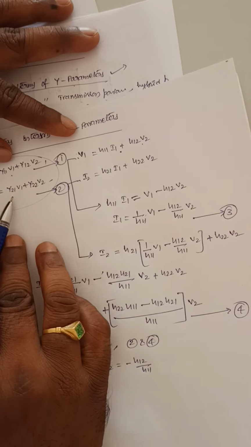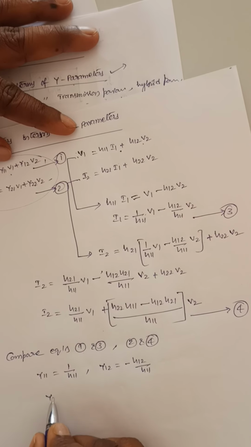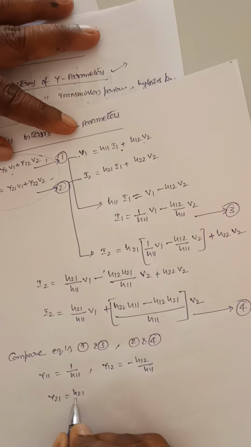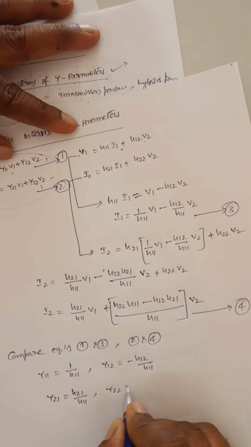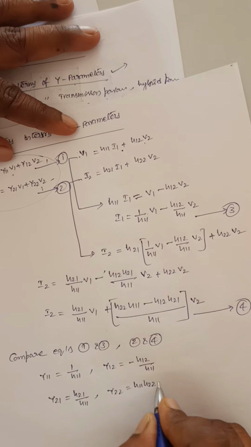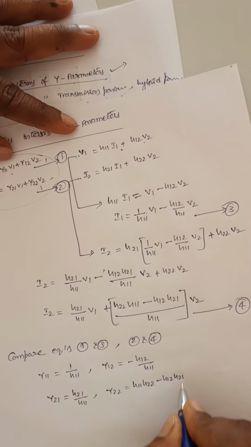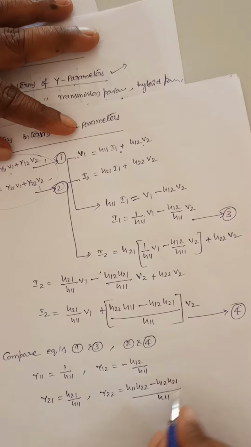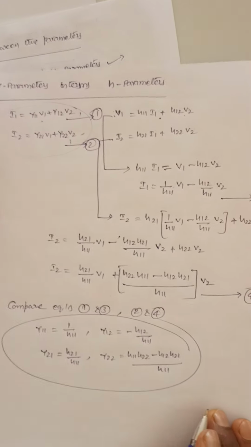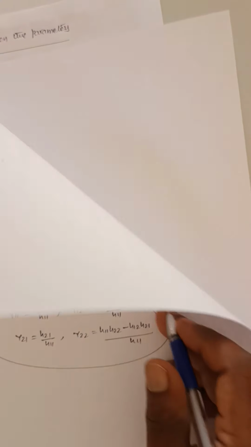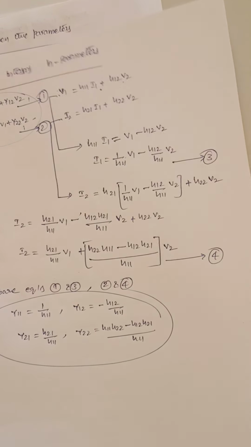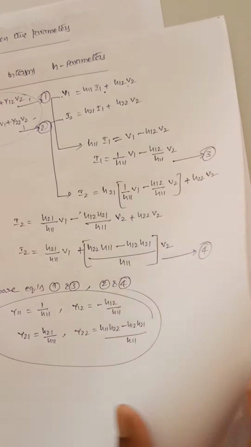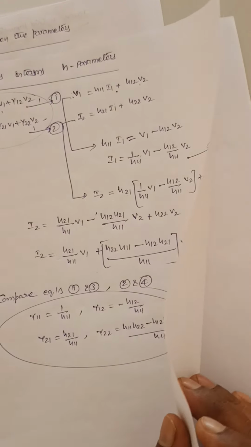From this, y21 is equal to H21 divided by H11. y22 is equal to H11 H22 minus H12 H21 divided by H11. So these are the 4 parameters, that is y parameters in terms of h parameters. This is how we can find the relation between one set of parameters and the other.